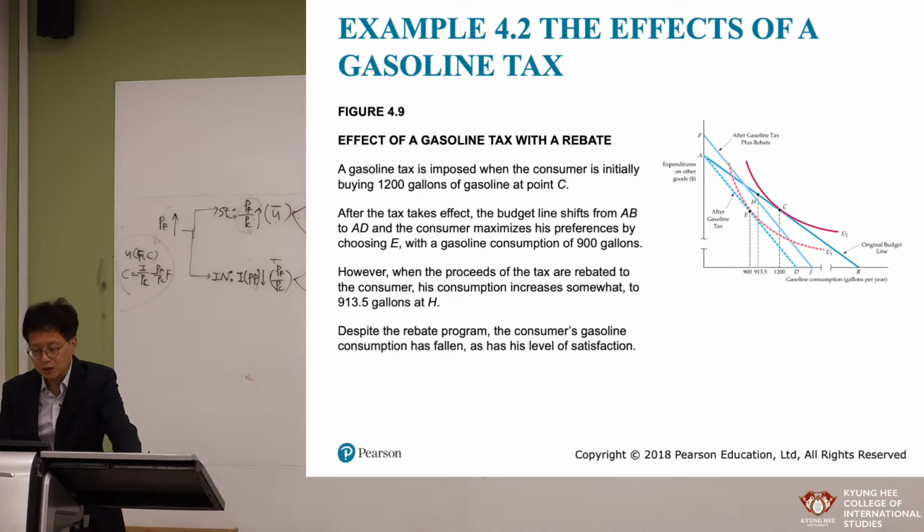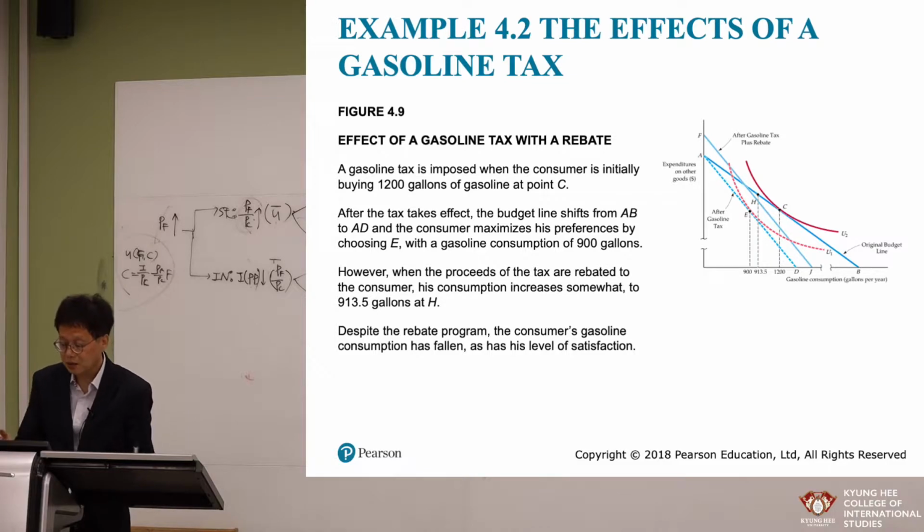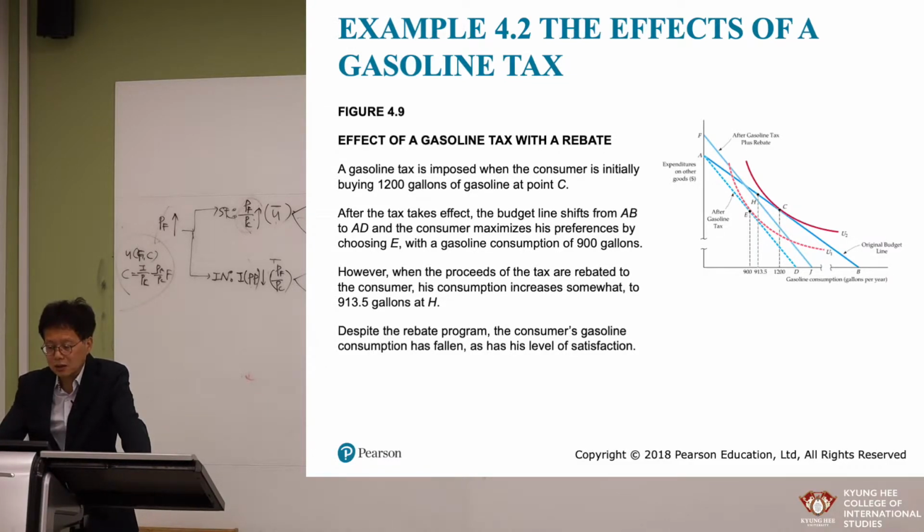However, when the proceeds of the tax are rebated, the effect of the tax rebate is very similar to increasing your income. So your income increases from here to here like this. Right?